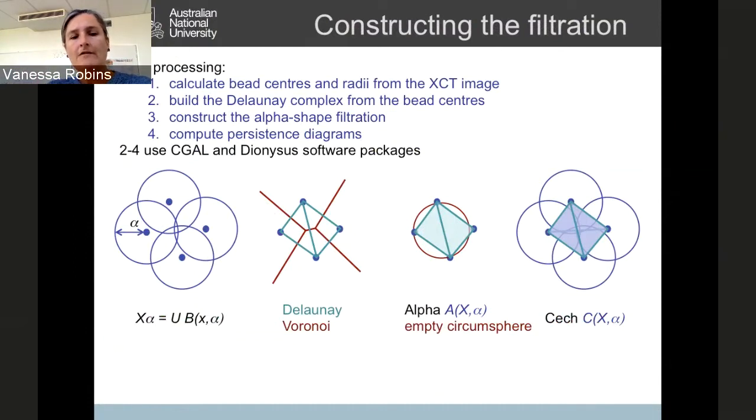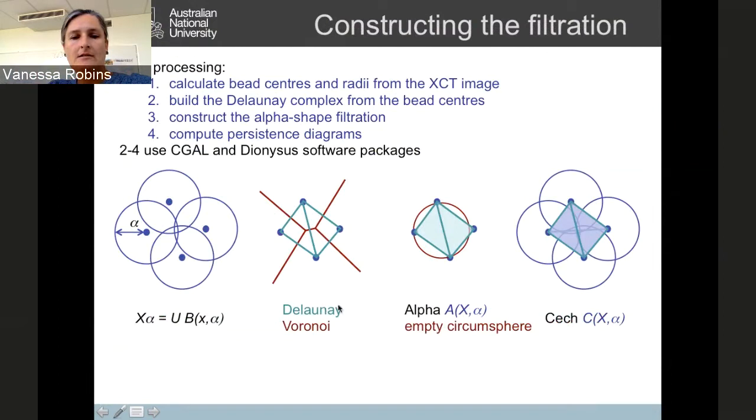Now we have points in R3, and we can build the Delaunay complex from those points and construct the alpha shape filtration. The alpha shape filtration is really capturing the topology of the union of virtual balls of radius alpha centered on each data point X.